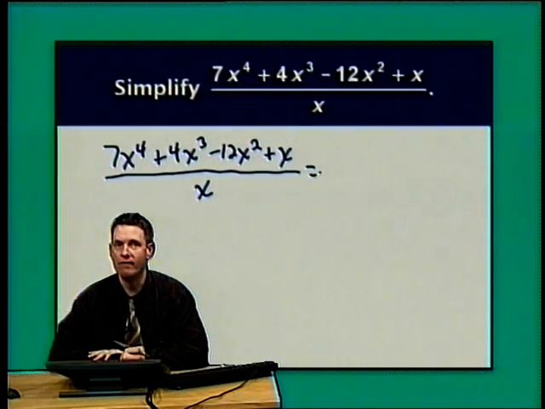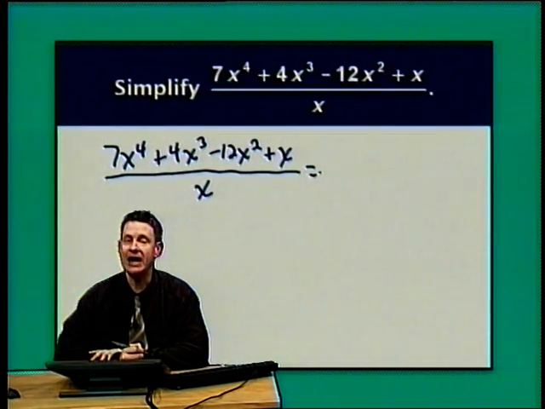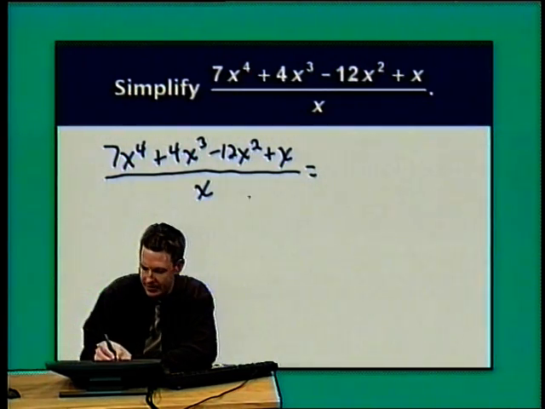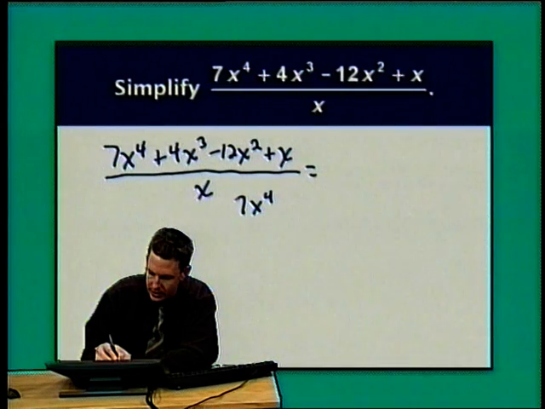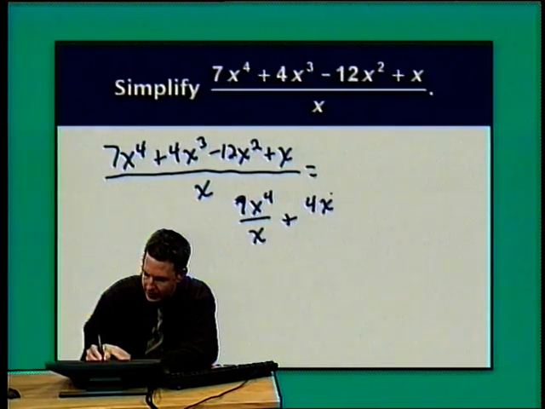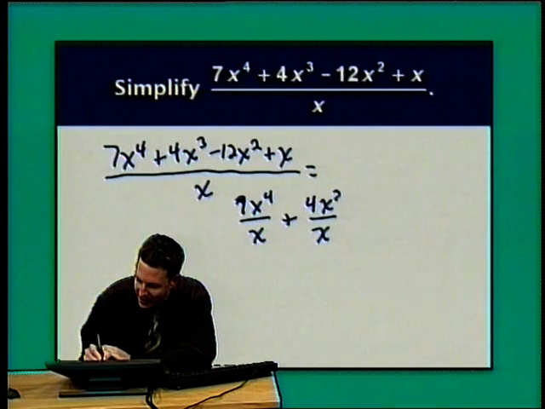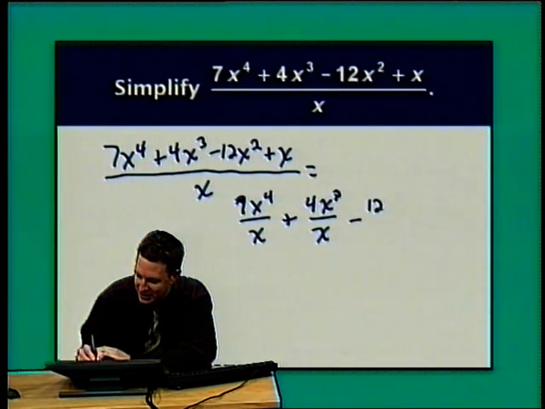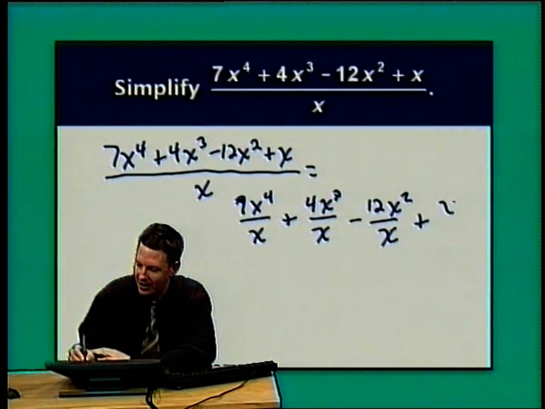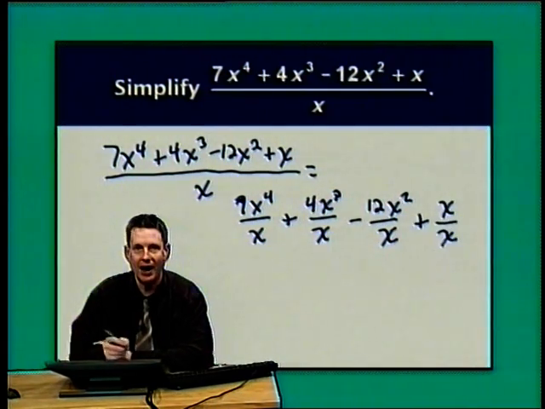That's a very wordy way of saying that when I break this up into the sum and difference of several fractions, each fraction needs a denominator of x. I need to write this as 7x to the fourth divided by x plus 4x cubed divided by x minus 12x squared divided by x plus x divided by x.